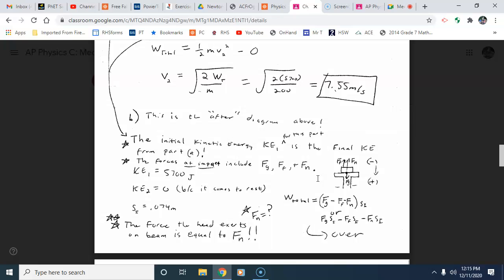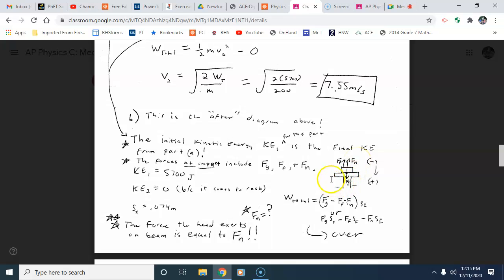All right. Once we impact, well, weight of the hammerhead is still down. But once it hits, the I-beam pushes back up on that hammerhead with a normal force.